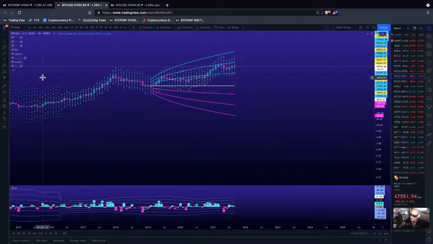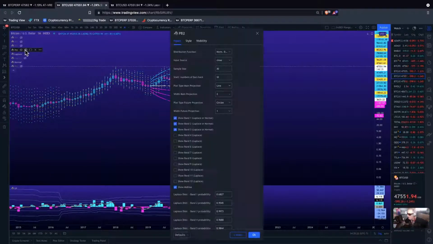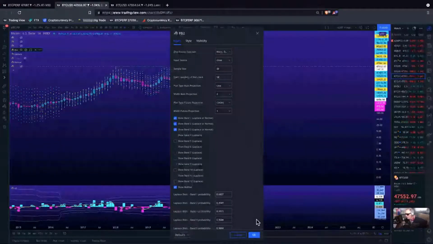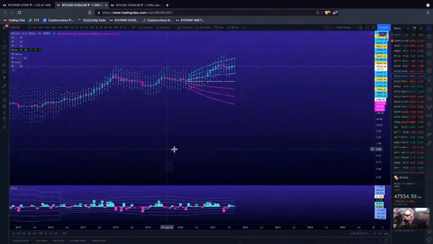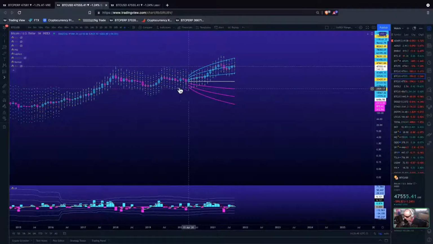Team bars. So maybe just one. We almost made a run to that 3SD right after the COVID dump.